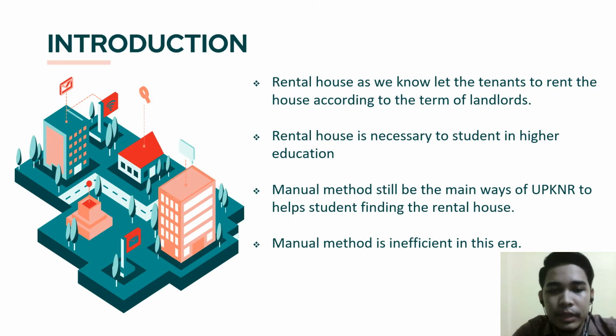The problem is redundancy of booking by using this manual way. If the student got the contact number early from another student, it is not yet guaranteed the house will belong to that student, because there might be redundancy of the same booked house, because the house owner forgot that the house was already pre-booked.